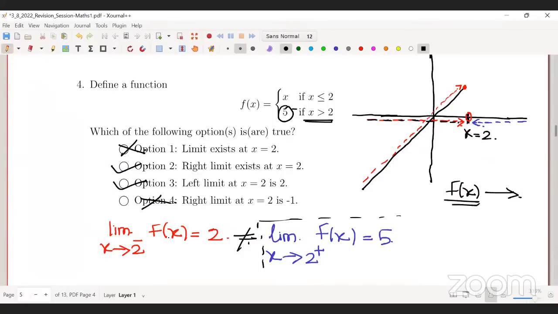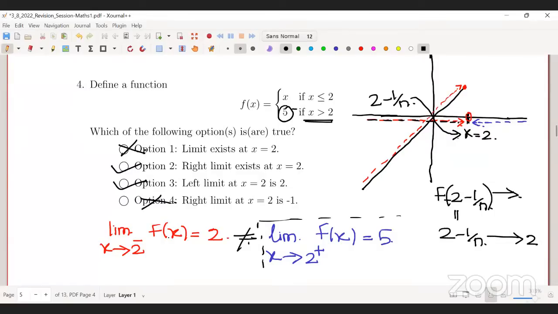So if you take this sequence 2 minus 1 by n, this sequence is coming to 2 from the left hand side, correct? Now you see what will be the value of this one. This is also 2 minus 1 by n, approaching towards 2, right?